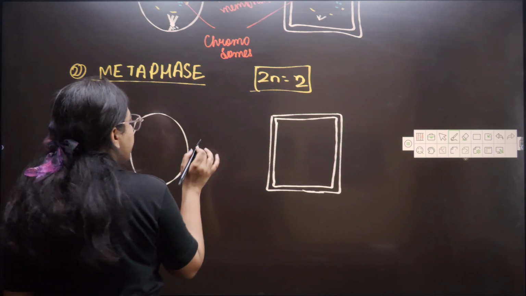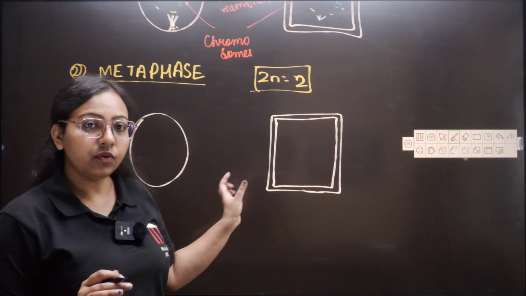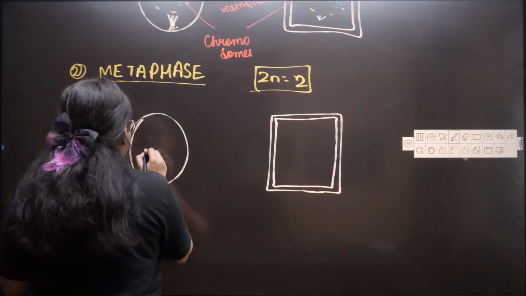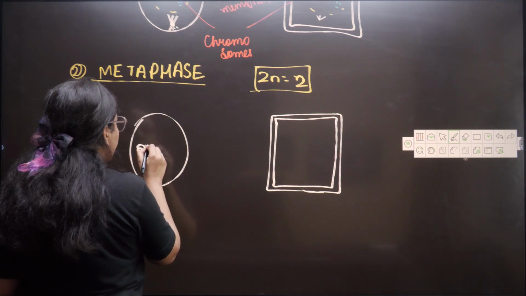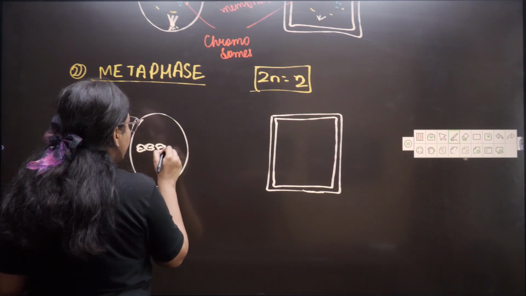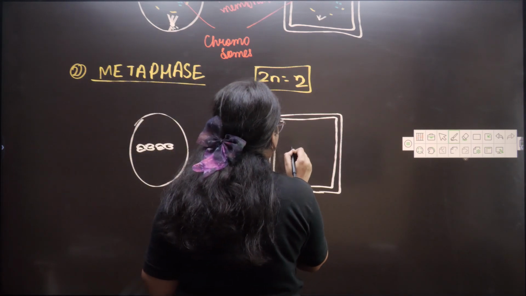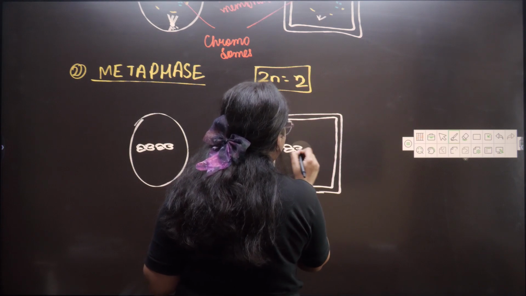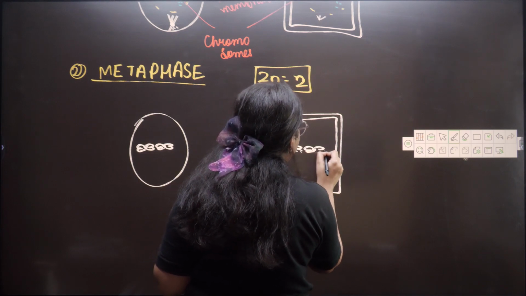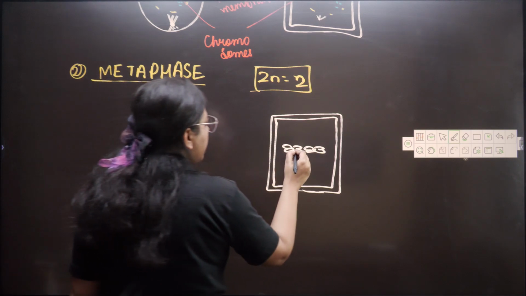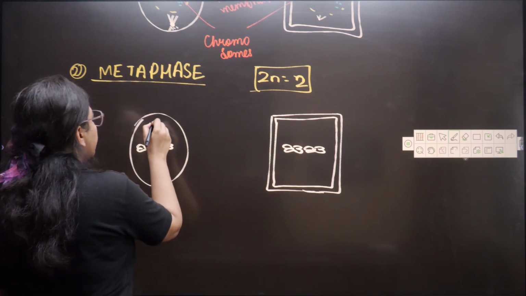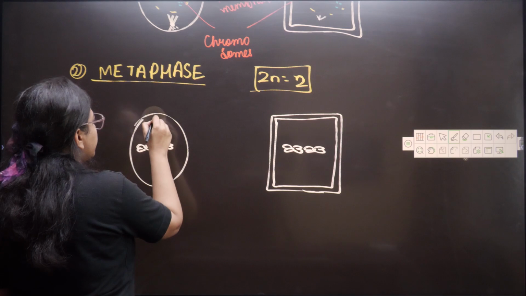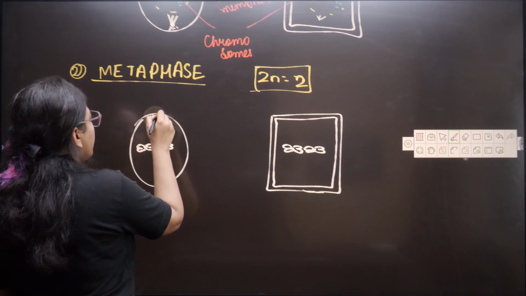Then here the chromosomes are along the equator. So we have two chromosomes along the equator, in a single line. And then we have centriole and aster only in the animal cell.